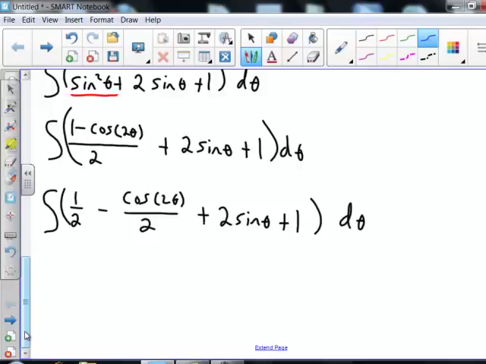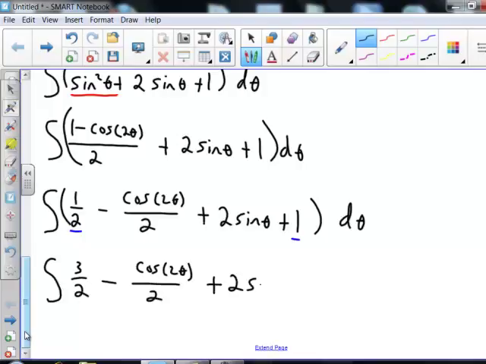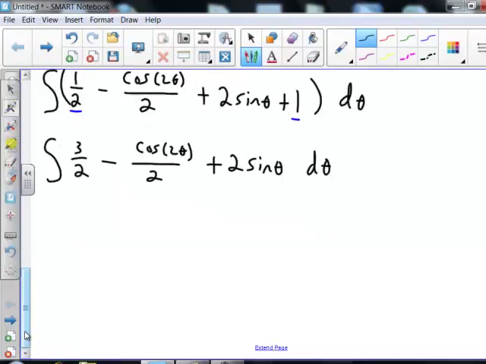So I can combine 1/2 and 1, and that will give me 3/2. So this is 3/2 minus cosine 2 theta, all that over 2, plus 2 sine theta, all that d theta. Alright, so now I can integrate each one of those pieces with respect to theta, so keep that in mind.